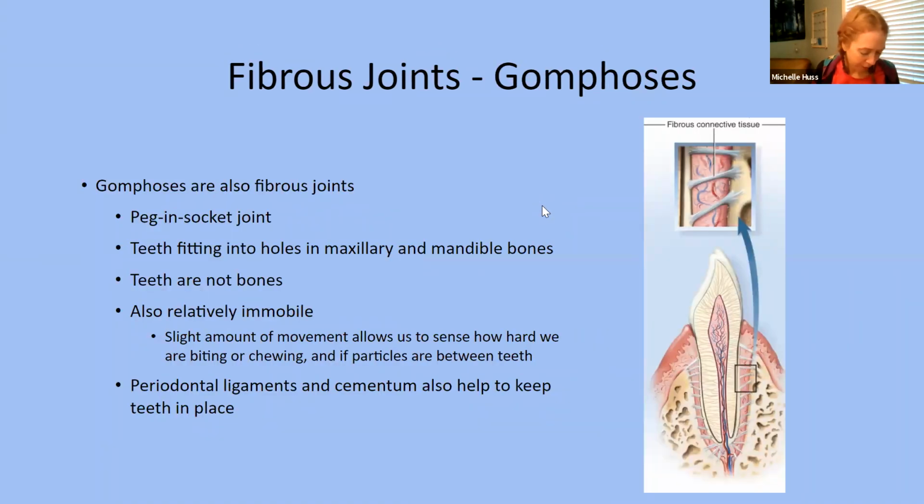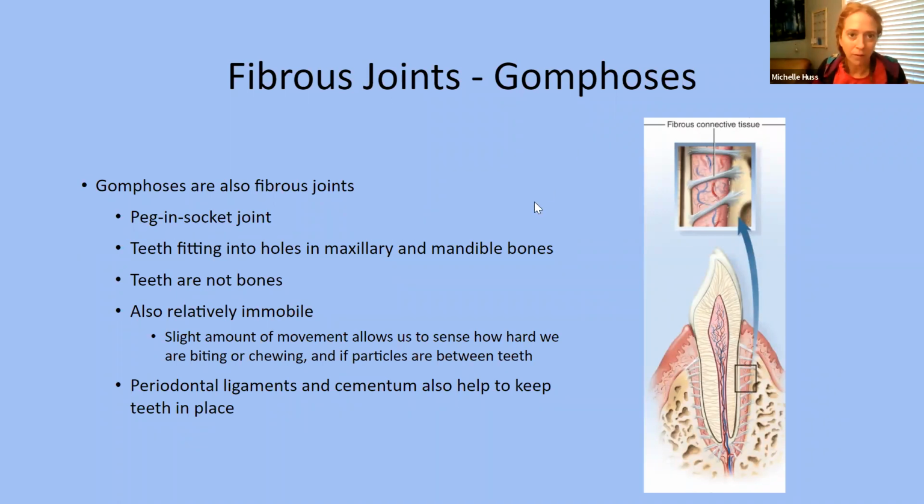Another type of fibrous joint, I'm seeing if this is on our list. Yes, gomphoses. I like that it says gomphoses because it reminds me of where your teeth sit in the gums. So the joint of your tooth to the maxilla or mandible is a fibrous joint. Teeth are not actually bones, but anyway.